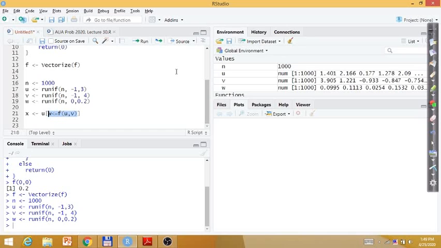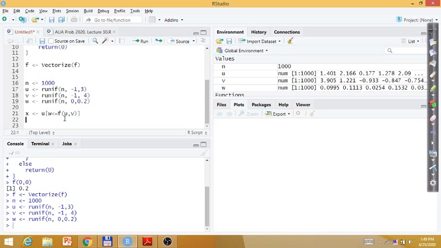This is a conditional operator, so this will be either false or true. If we have true, then that element of u will be recorded in x. If this is false, that will not be recorded. So x will be the portion of u such that w satisfies this inequality.